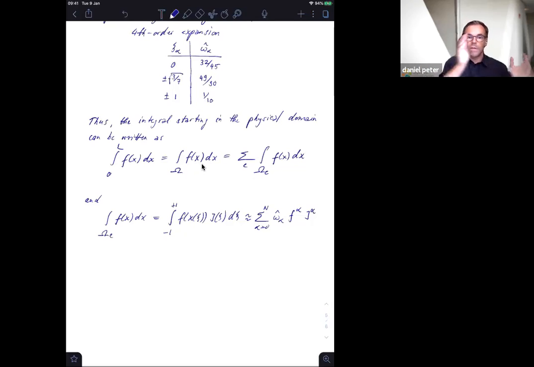So our integrals over the finite elements become a sum over alpha from 0 to n, where n is the degree of our polynomials, or if you want, over the number of nodal points, the GLL points that we have. For each nodal point, we have an associated integration weight, omega alpha, and the function coefficient and the Jacobian for that nodal point position.